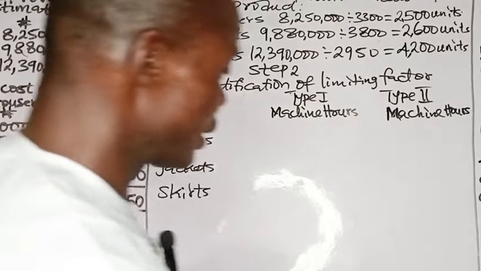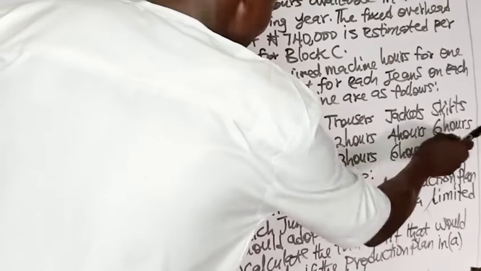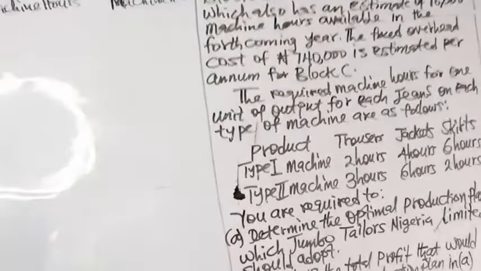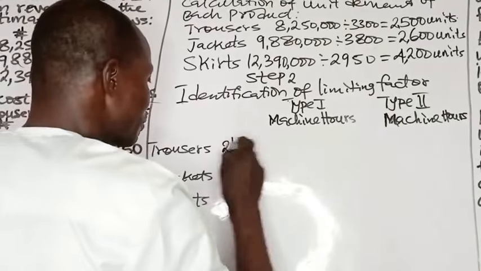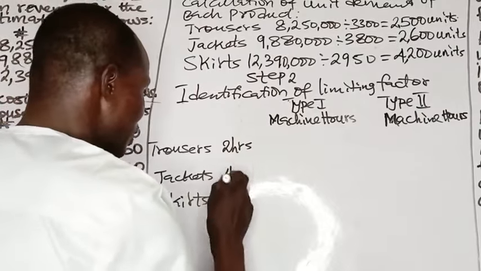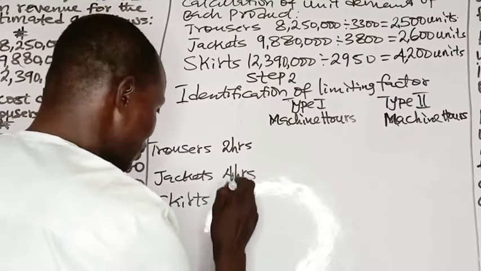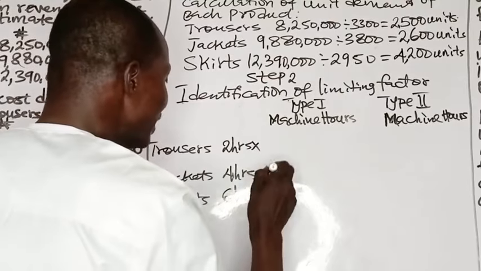Type 1 machine, trousers 2 hours, jackets 4 hours, skirts 6 hours. You now multiply this by the demand.